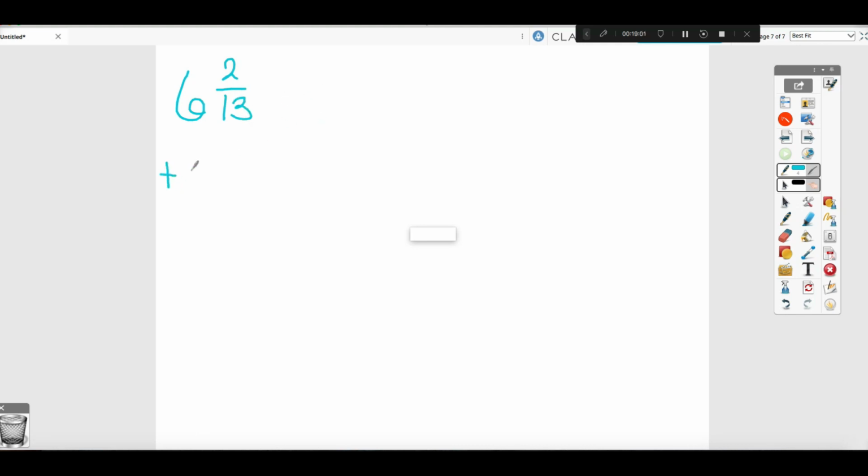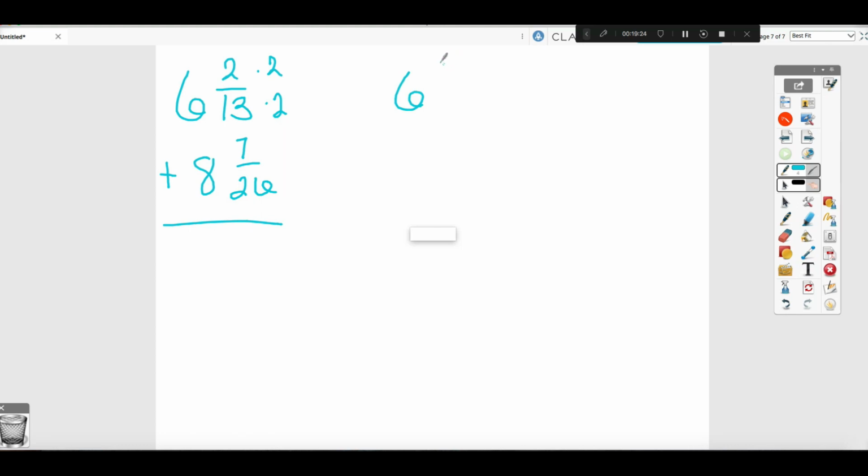2/13 plus 8 and 7/26. What's my common denominator between 13 and 26 going to be? 26. What do I take 13 times to get to 26? And whatever I do to the bottom, I've got to do to the top.